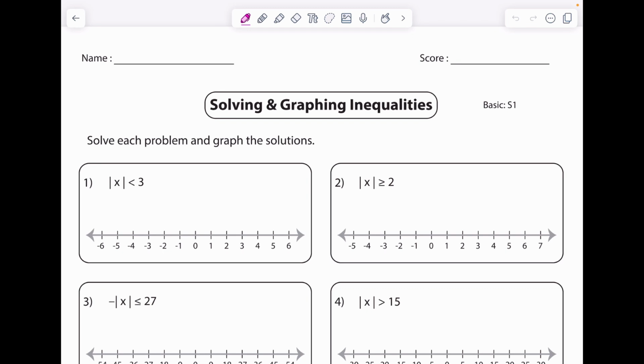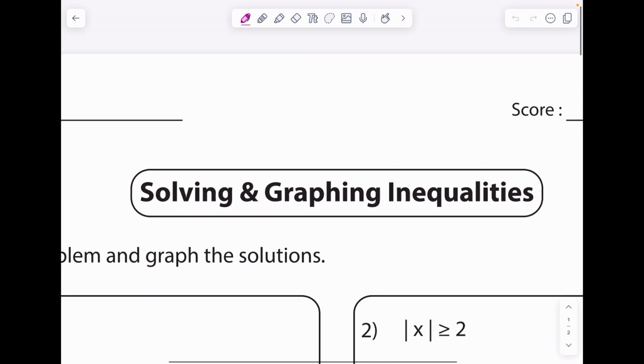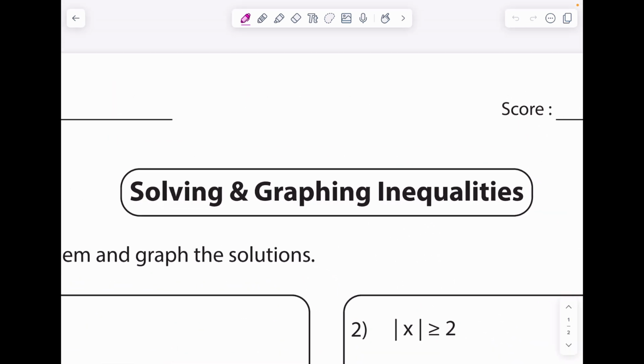The most important part of absolute value inequalities is that we need to remember some things. There are two facts you have to remember.